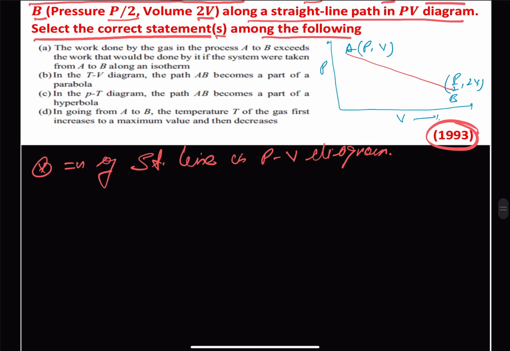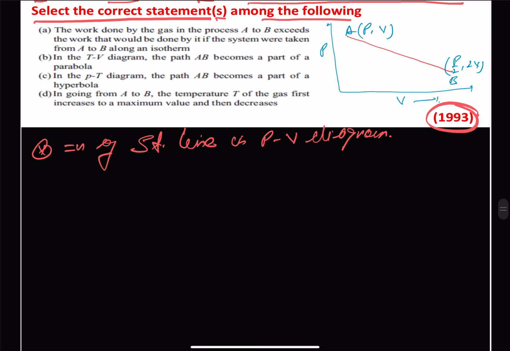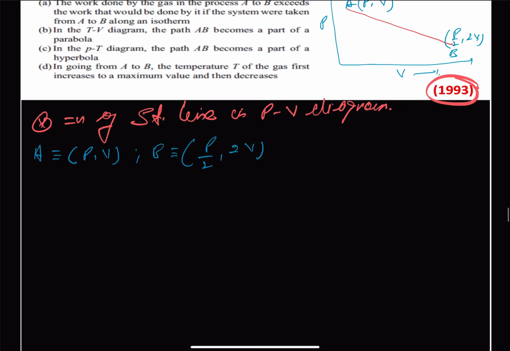Here we have point A, with pressure P and volume V, and point B, with pressure P by 2 and volume twice V. From here we can find the slope of the line, which is P by 2 minus P over twice V minus V. This comes as minus P upon twice V.